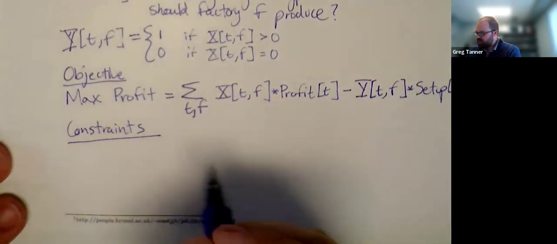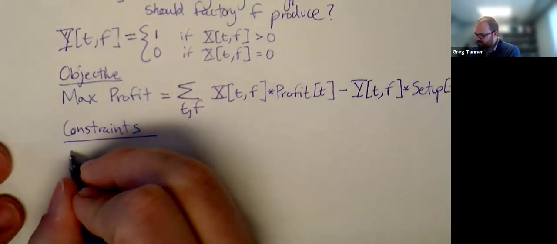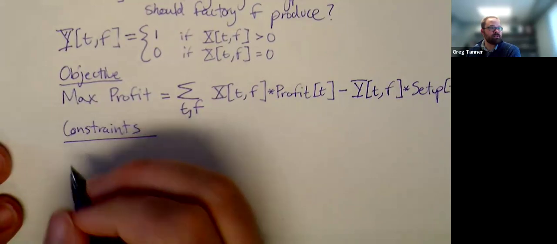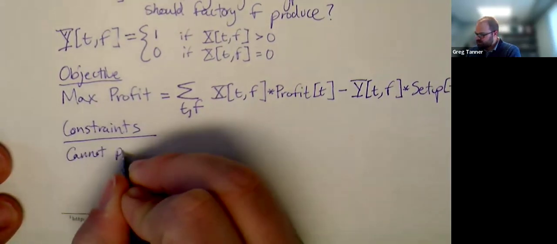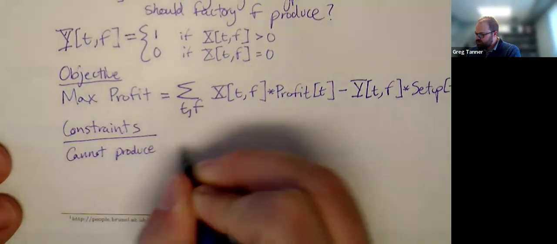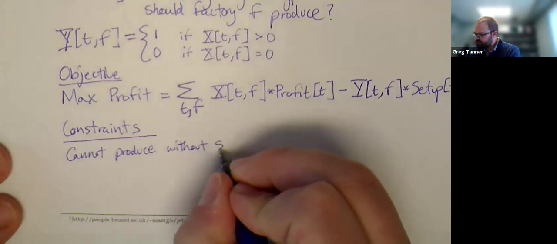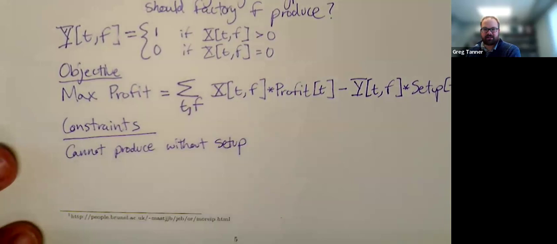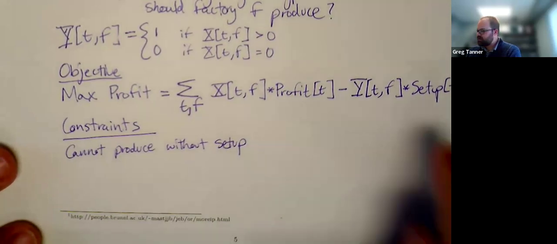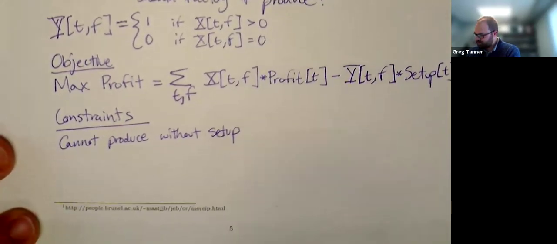So we're going to factor that in here. So let me write this out in words. Cannot produce without the setup cost. Okay, that's essentially the relationship here, is that the Y variables are going to turn on this negative cost over here.